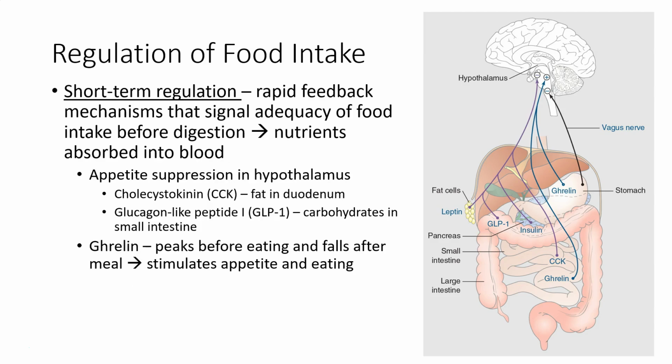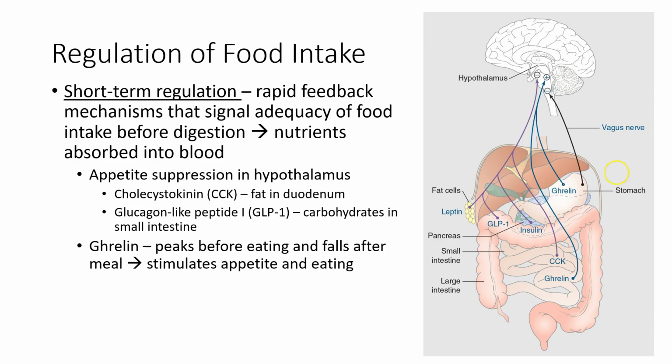We have short-term and long-term regulation of our food intake. So short-term regulation is this rapid feed mechanism that lets us know when we're hungry, and then it lets us know when it's full. So it signals the adequacy of food intake before digestion, and it promotes the absorption of nutrients into the blood.